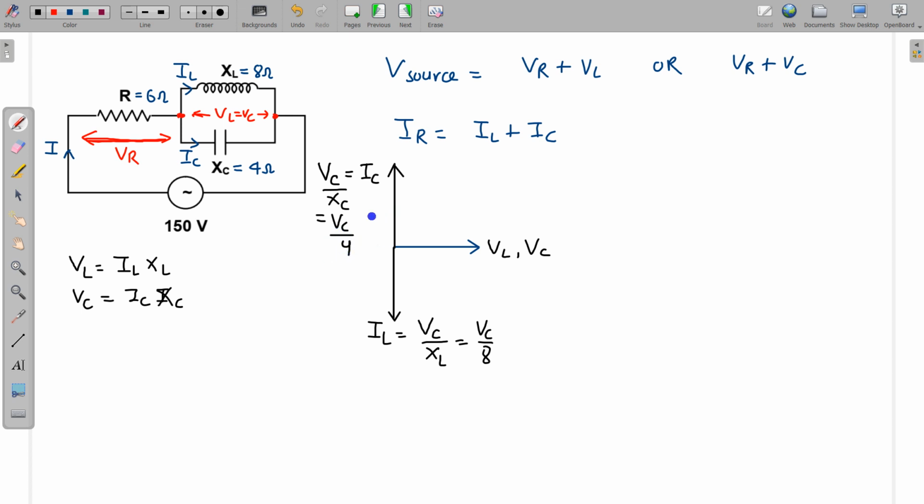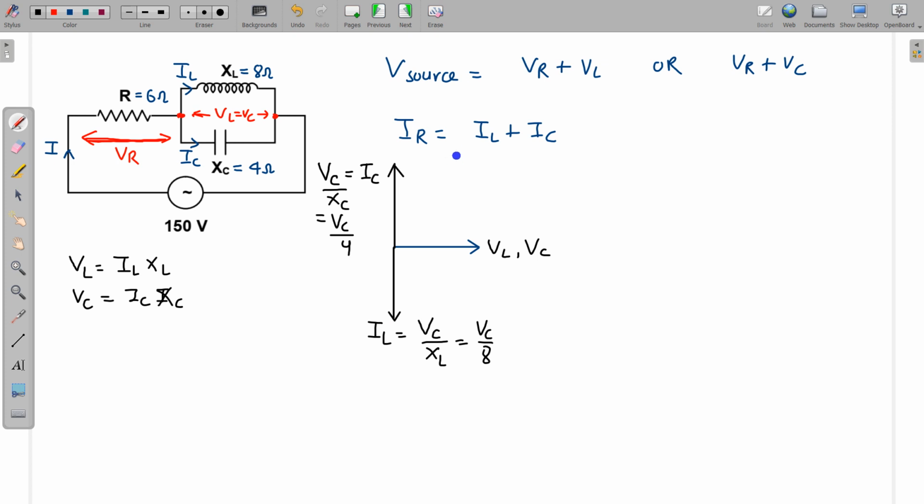So obviously IC is more than IL. If I draw the phasor diagram for current, IL plus IC is equal to IR. And what is the resultant of IL plus IC? It is in the direction of IC, because IC is more.